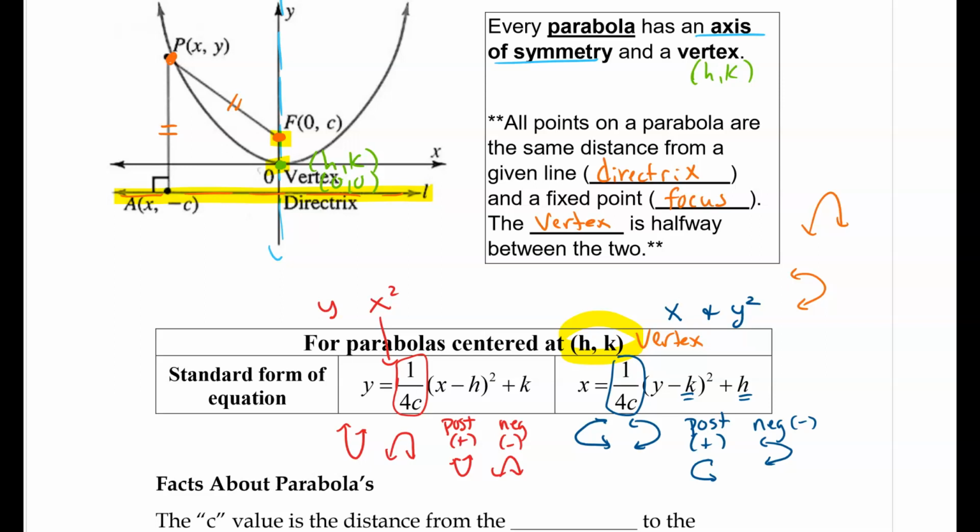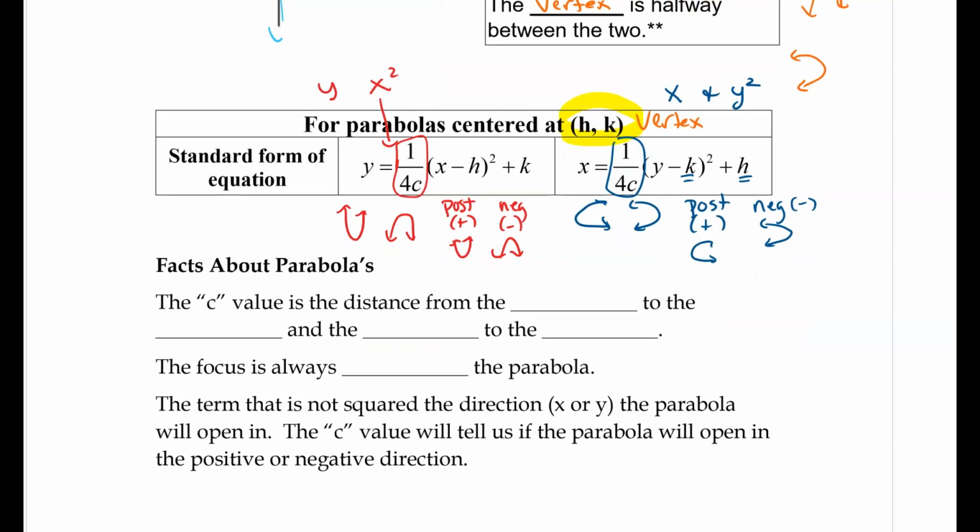All right, a few things you need to know about parabolas that are huge. Where did this value of c come from? We're just throwing this little value of c in here. Well, first of all, c is the distance from the vertex to the focus, and it's also the distance from the vertex to the directrix.